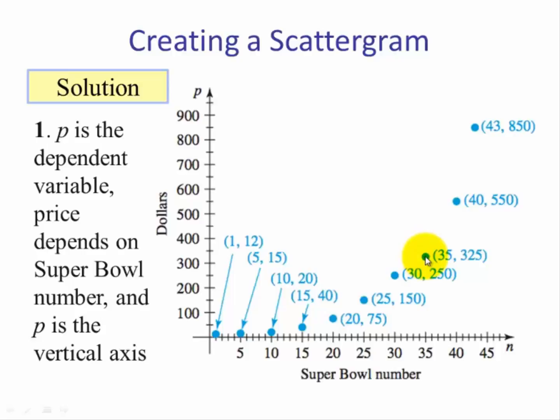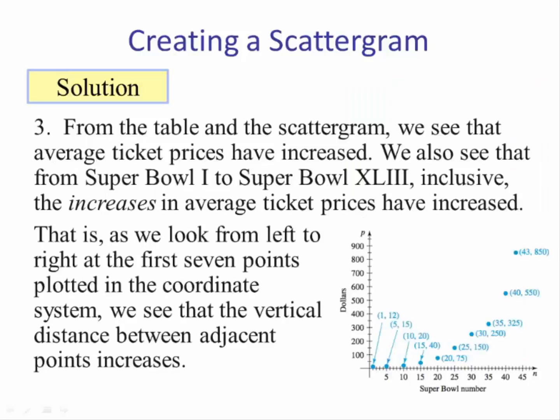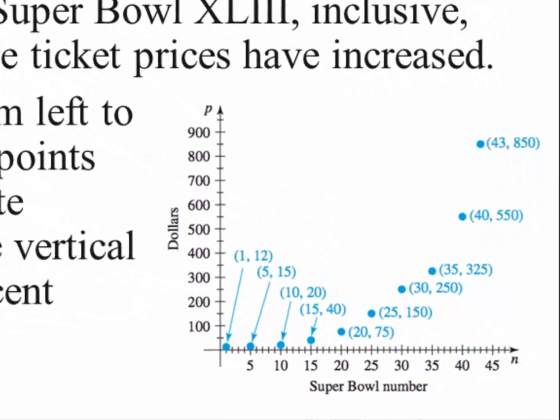So each point tells us a Super Bowl number and a corresponding price. For number 2, for the Super Bowls described in this table, what is the highest average ticket price? Well, we can see that that's $850, and that was Super Bowl 43. Number 3, from both the table and the graph, we can see that the average ticket price has increased.